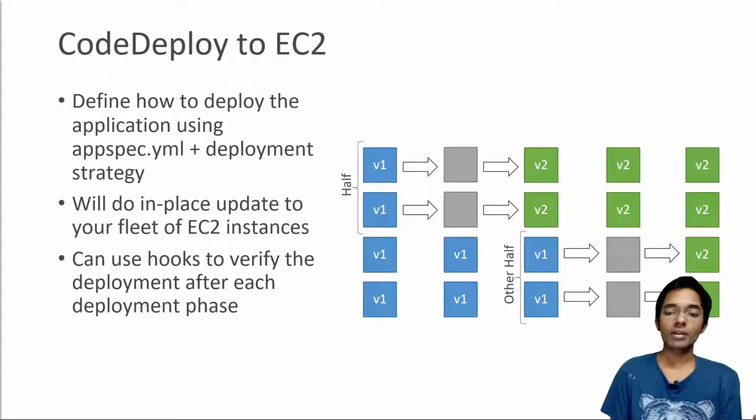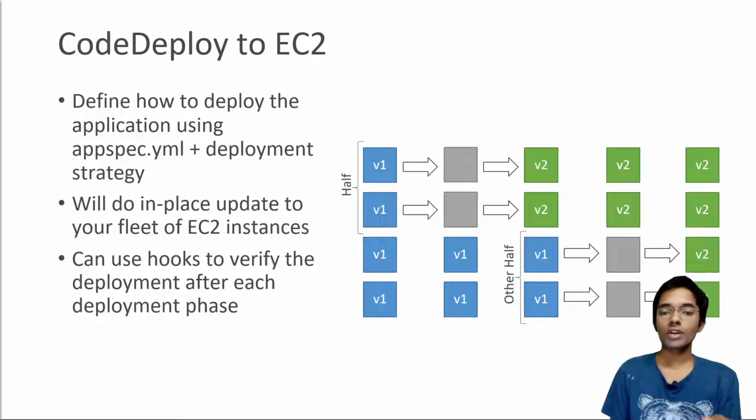One example is called half at a time, and we have 4 EC2 instances on version 1, and half of them are going to be taken offline. So we have 2 of them offline and 2 of them kept on version 1. So right now we are serving half the traffic. We may have more load on these 2 remaining EC2 instances, but because the other ones have been taken offline, they can be upgraded to version 2.